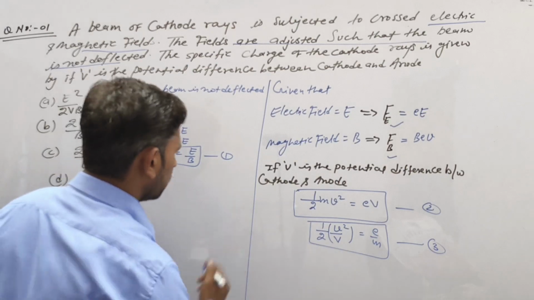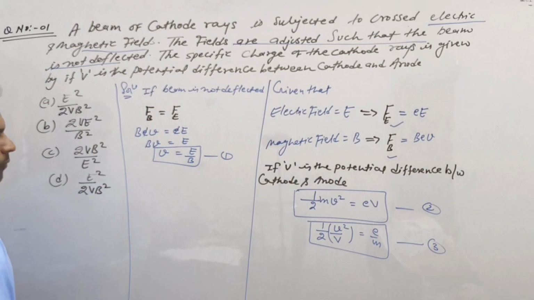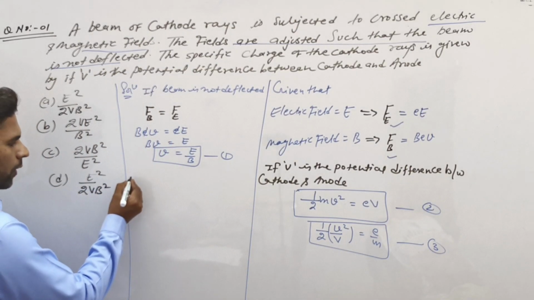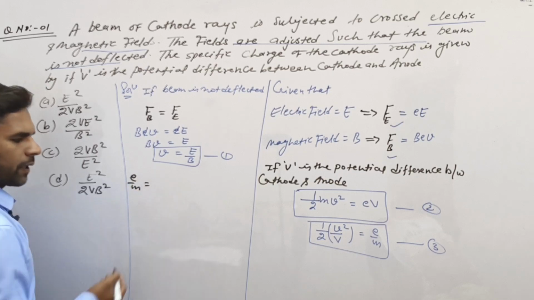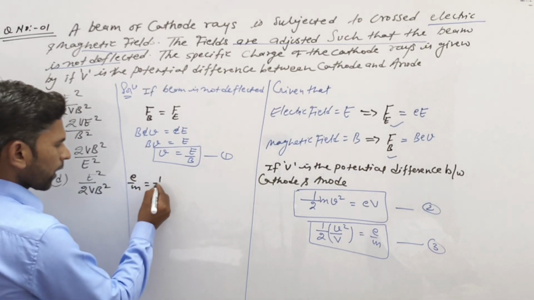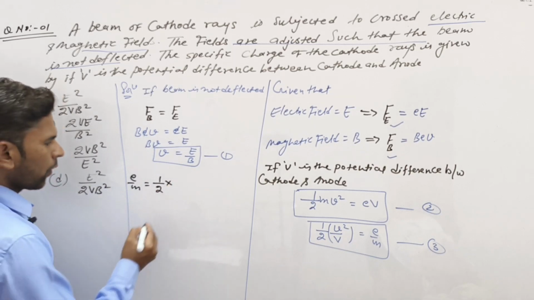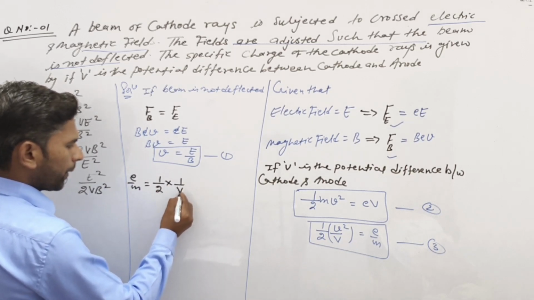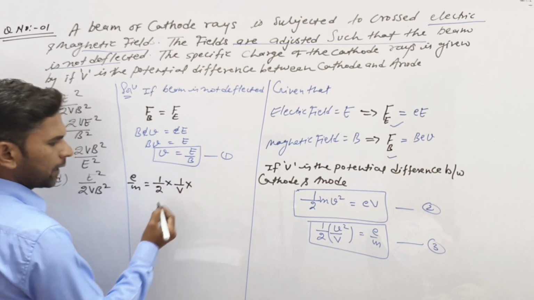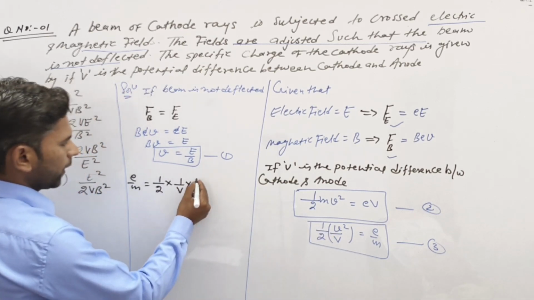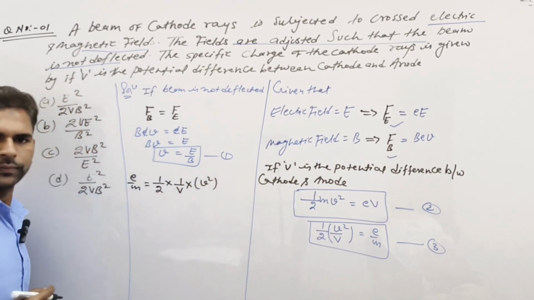Now you can write e upon m is equal to half multiplied by 1 upon capital V multiplied by v square.